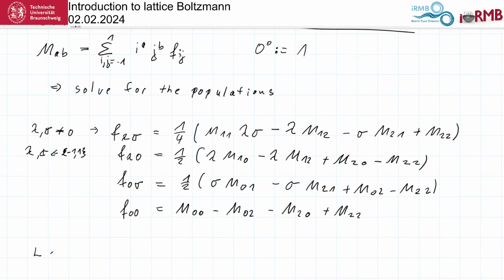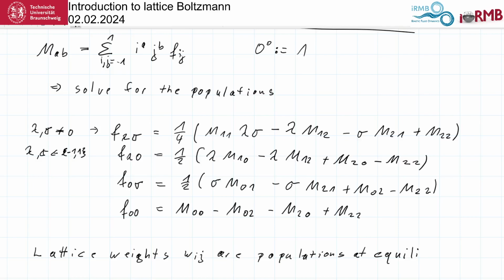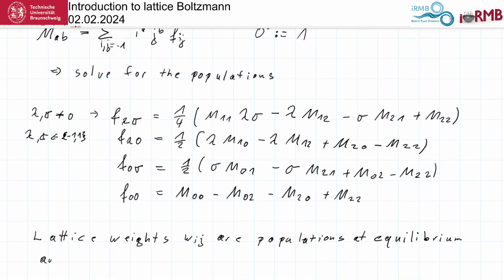The lattice weights are basically the equilibrium populations in the case that the density is equal to 1, so the populations at equilibrium and M00 equal to 1.